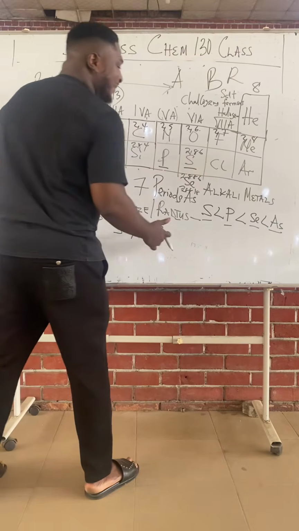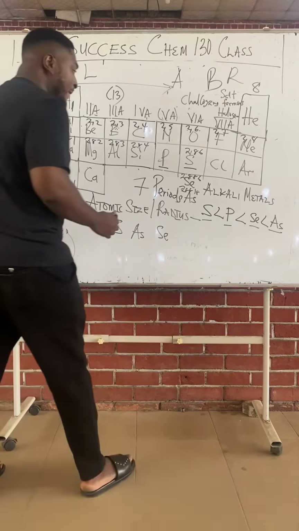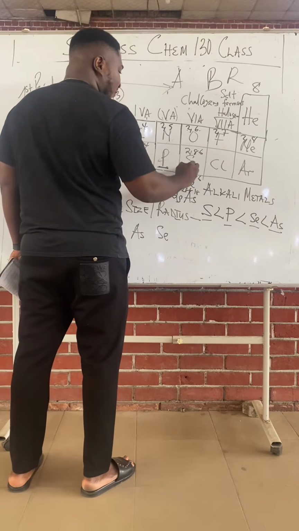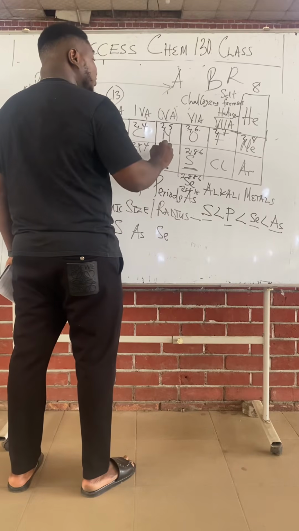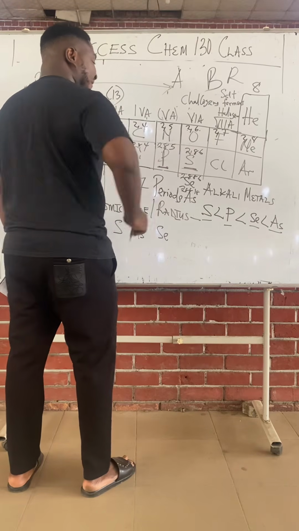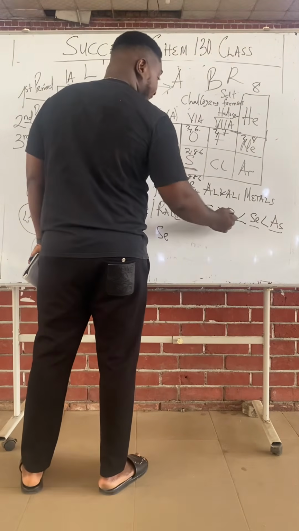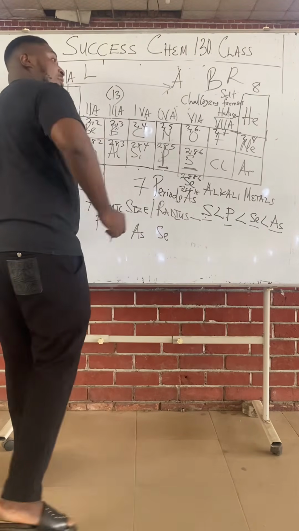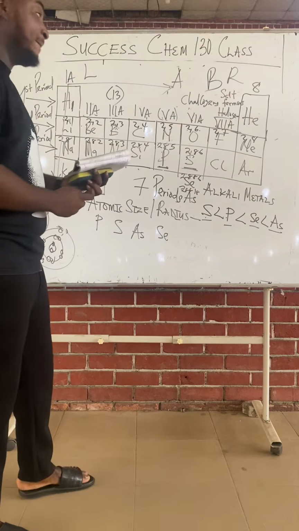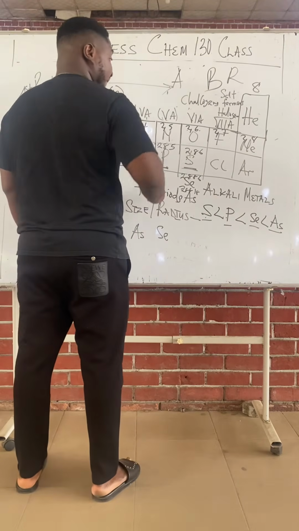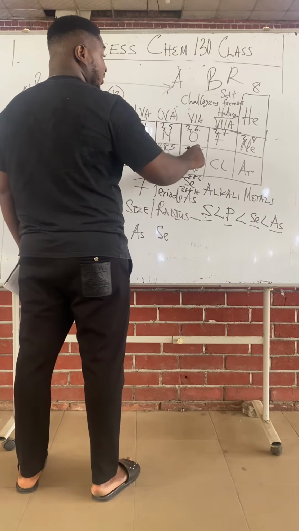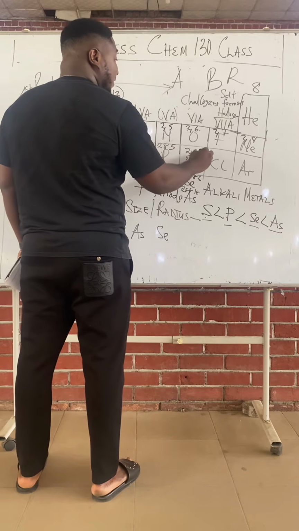So they ask us to arrange in increasing atomic size. First of all, between phosphorus and sulfur. Phosphorus is 2,8,5. Among these four, sulfur has the lowest atomic size, because between sulfur and phosphorus, sulfur has more electrons.